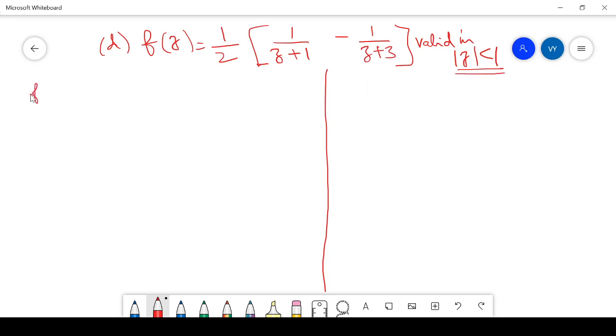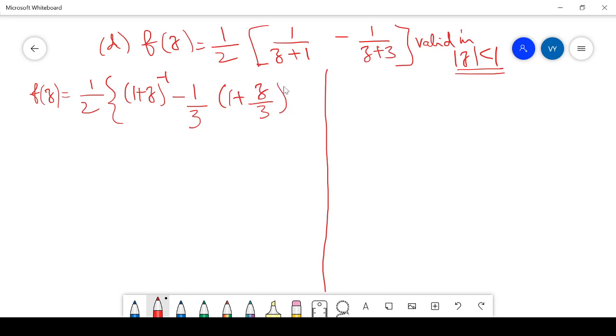So now what I do is, I will remove this constant so that I get the required answer. I will have 1 by 2 times, I can write this as 1 plus z whole power minus 1, because when I remove this constant 1, I will have 1 plus 1 by z whole power minus 1. And for the second term, I will remove this 1 by 3. I will have 1 plus z by 3 raised to the power minus 1.